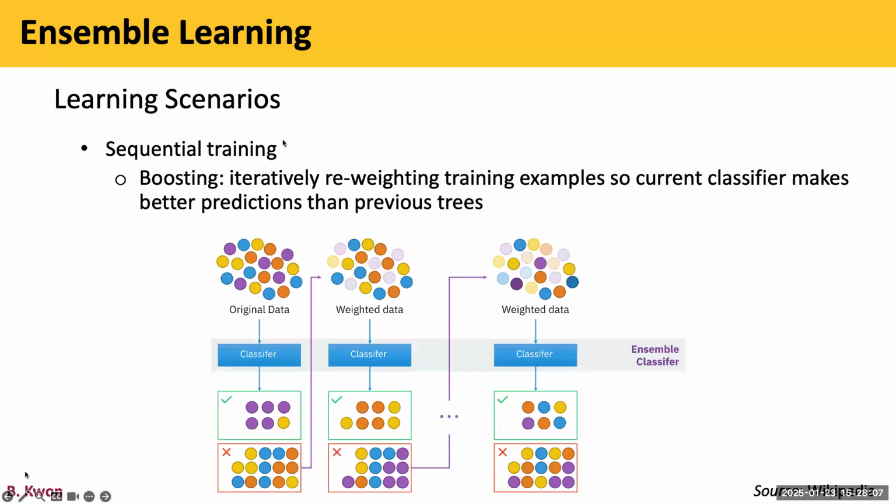And there's a sequential training method, which is also known as the boosting method. In this method, you're not training all the models at the same time, but you train each model one by one. So basically, you provide the original data to the first model, and then there might be correct training results, correct output, and there might be incorrect results, right?